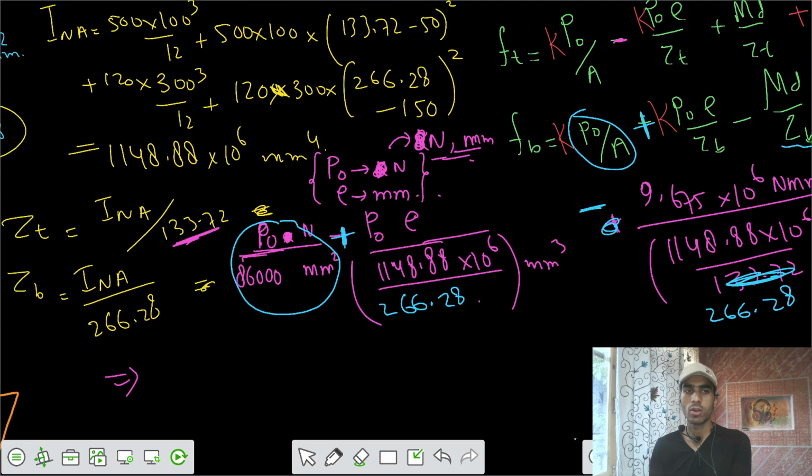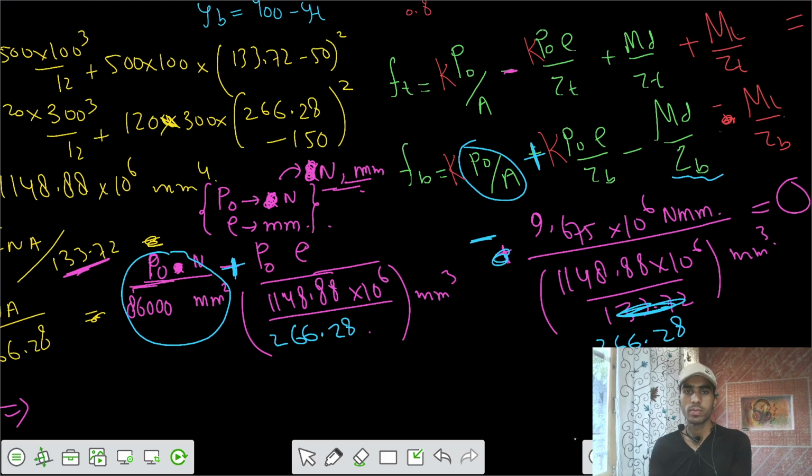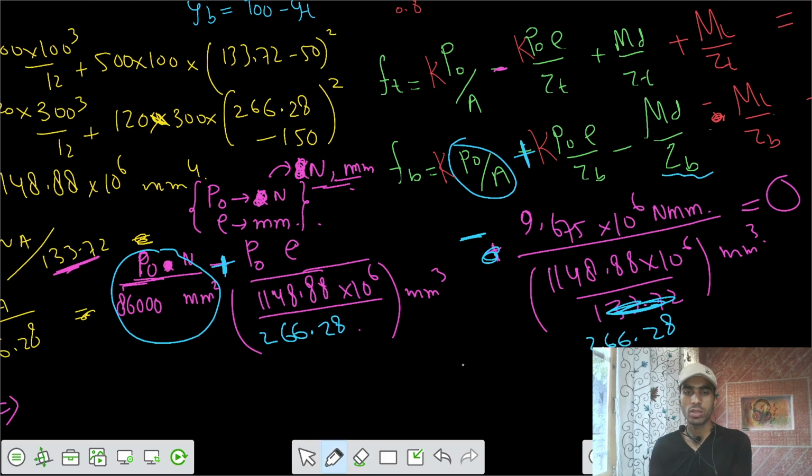Let's calculate the F top for the first case. Your F top is P naught. We have to substitute the value of P here. The value of P was 431.25 kilonewton, and the value of K is 0.8.